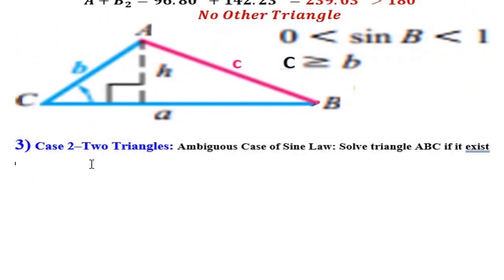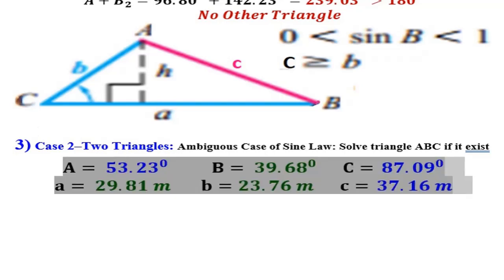Okay, now let's look at case number 3. Case number 3 is where there are two triangles. So angle B and side B are given, and also side A is given.